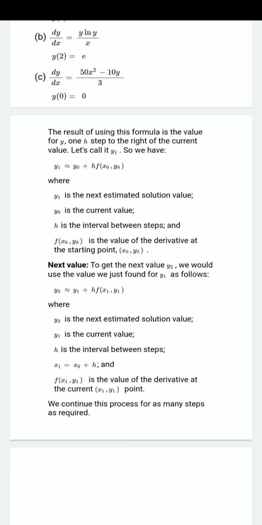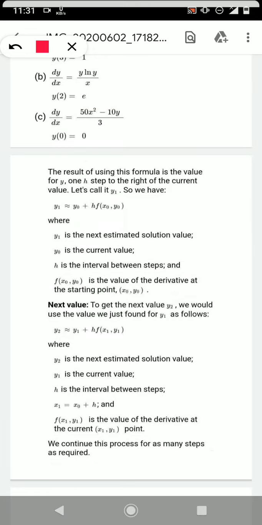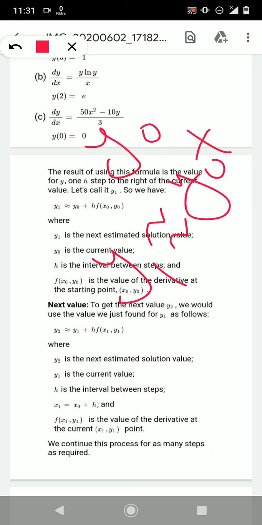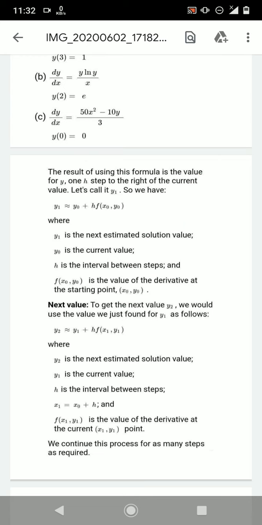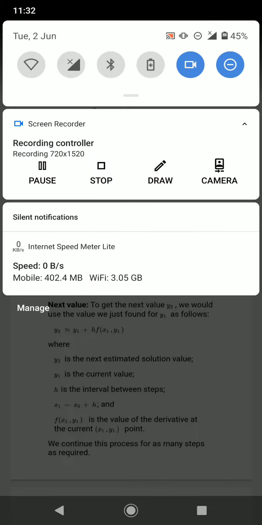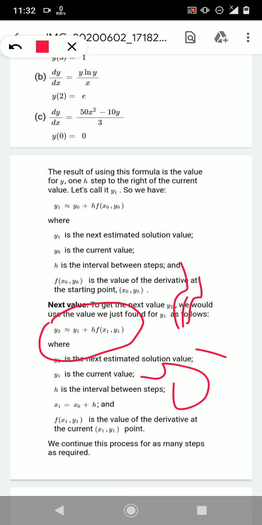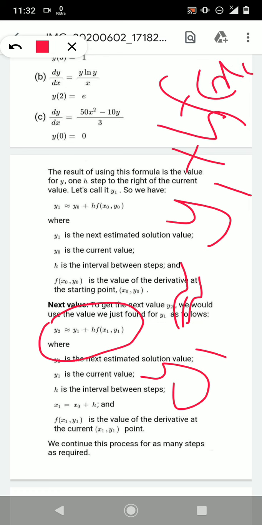Next value: first y0, then y1, which is approximately equal to y0 plus h times f(x0, y0). Then y2 is approximately equal to y1 plus h times f(x1, y1).